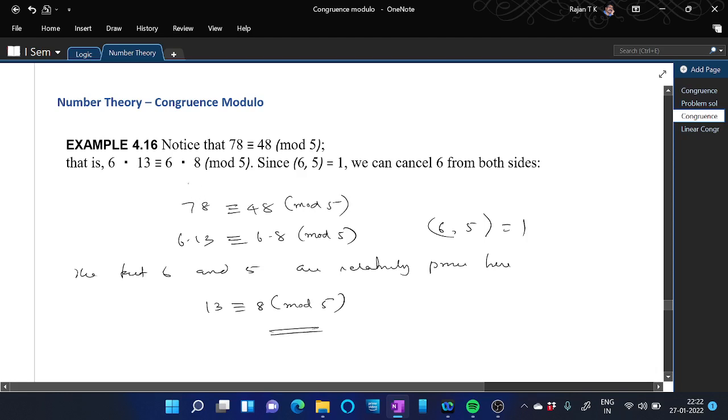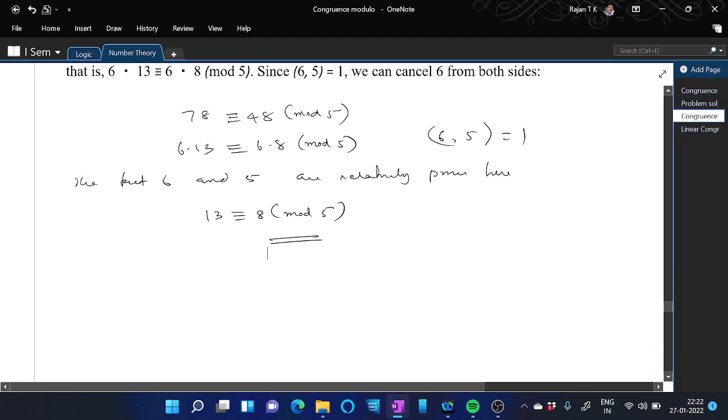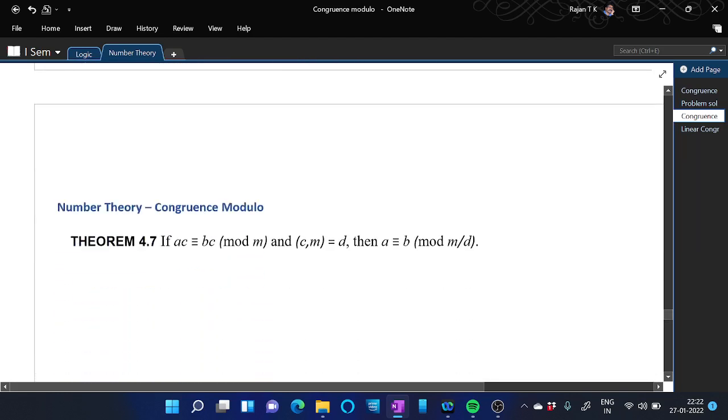So if we can factorize the two numbers A and B like this, and one of the factors is relatively prime with this M, 5, then you can cancel that factor. So this is what this example shows.